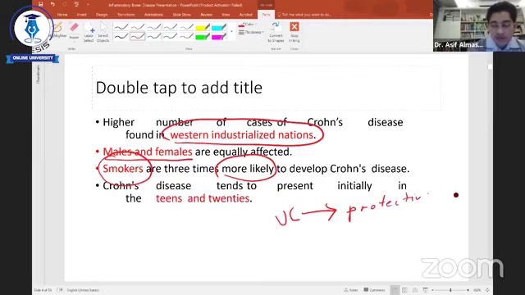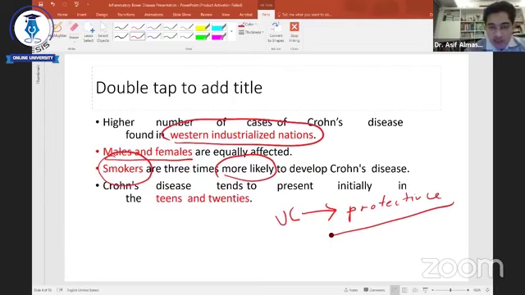In fact, sometimes those patients who are smoking do not have very severe symptoms of ulcerative colitis. But in Crohn's disease, if you are a smoker, the disease will be more severe. And it is very important, part of the treatment, that if you're a smoker with Crohn's disease, you must stop smoking.